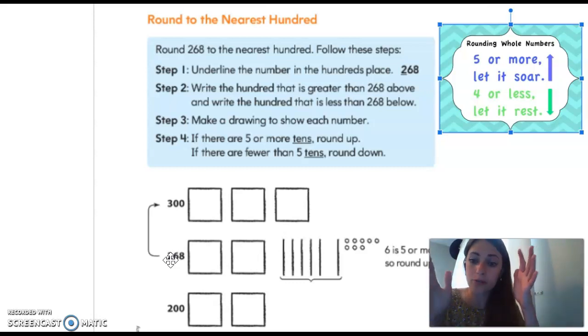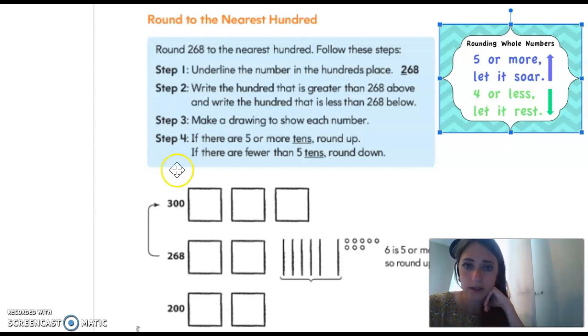Okay, so I'm going to write 300 above 268. And then write the 100 that is less than 268, which is 200. So I'm going to write that number below my number. See right here? 200 is the 100 that's less than 268, and 300 is the 100 that is more than 268.